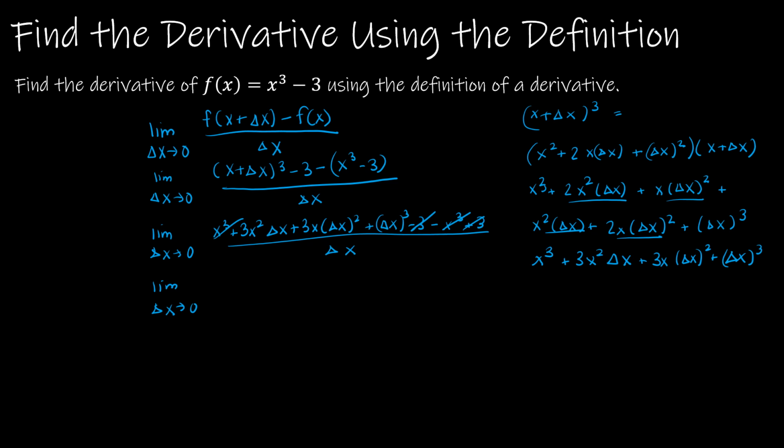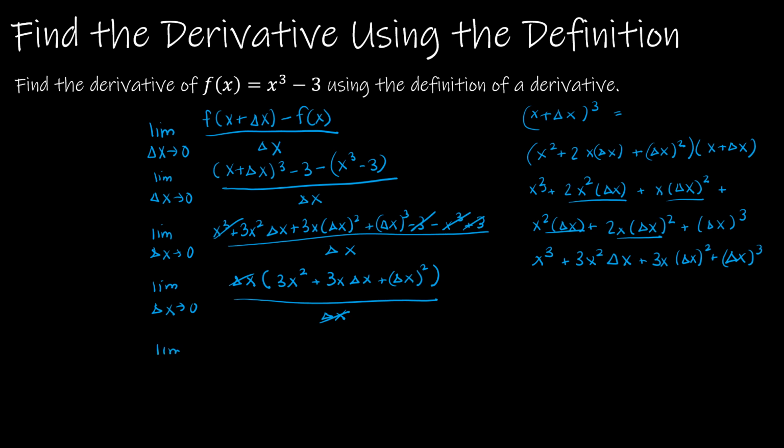So now I have 3x squared delta x. You know what? I'm going to save myself a little bit of work. I'm going to go ahead and take a delta x out of everything. So that gives me 3x squared plus 3x delta x plus delta x squared, all over delta x, which will cancel.